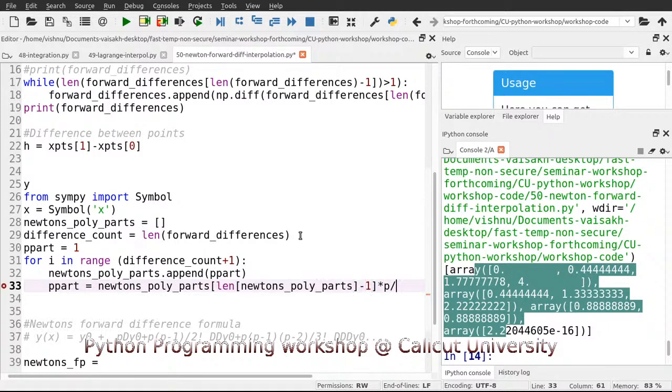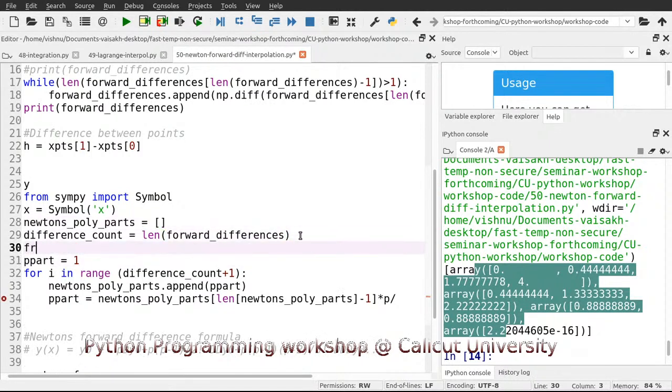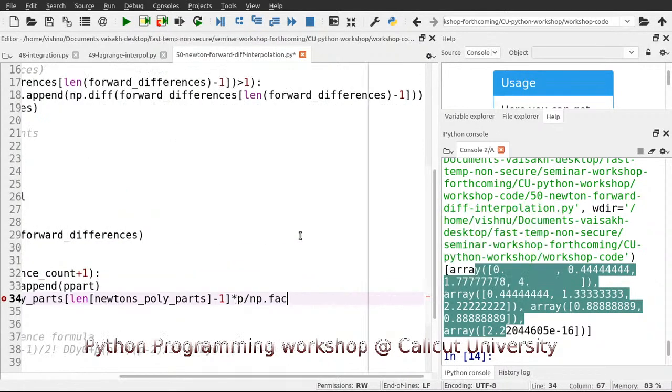I'm sorry if it's a complicated method. I don't see any other easier method here. This factorial is required, right? 1 factorial, 2 factorial, etc. So from numerical Python, import factorial also. Not necessarily, np we can use. np dot factorial is not there.